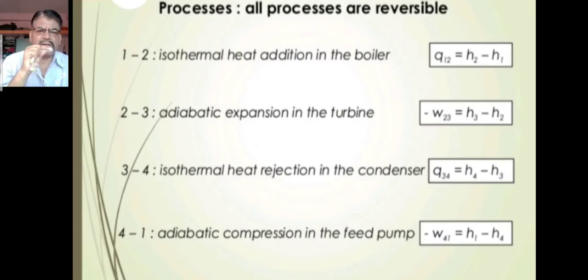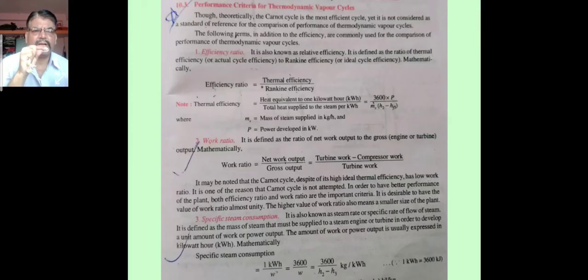If the condenser is in between 3 to 4, then the heat rejected by the condenser is H4 minus H3. And the next process is, if the feed pump is in between 4 to 1, then the work of the feed pump is given by H1 minus H4. It means higher enthalpy minus lower enthalpy, we always have to deduct.